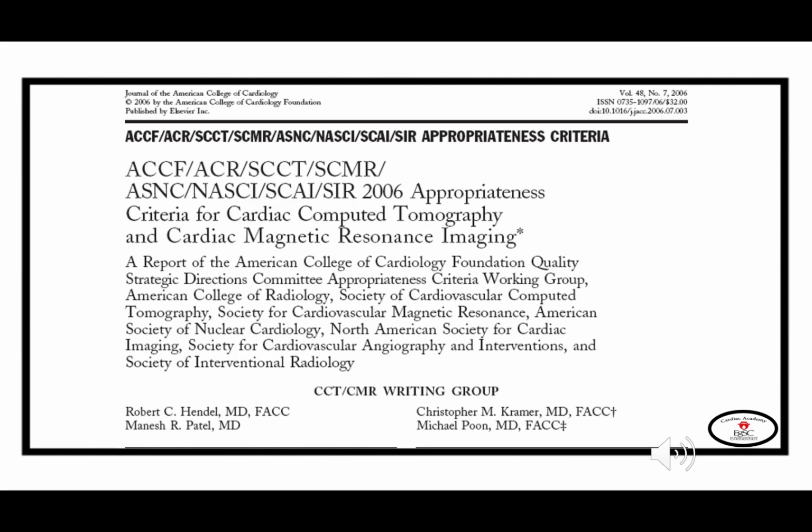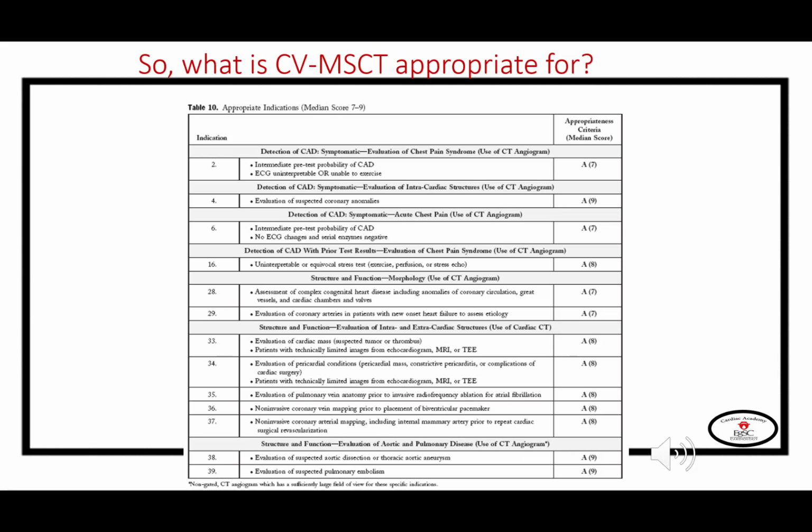In 2006, different governing bodies like the American College of Cardiology, American College of Radiology, Society of Cardiovascular CT, and Cardiovascular MR issued appropriateness criteria for when to use cardiac computed tomography.